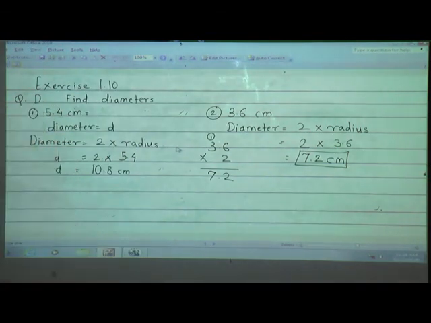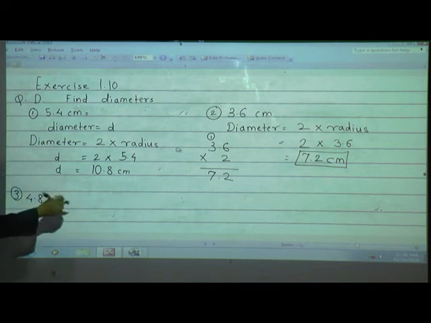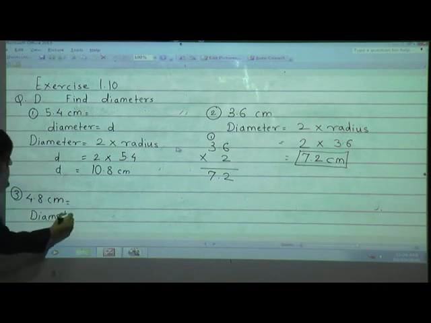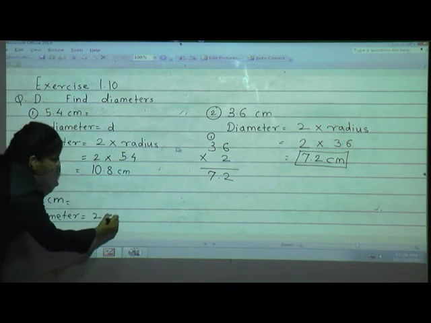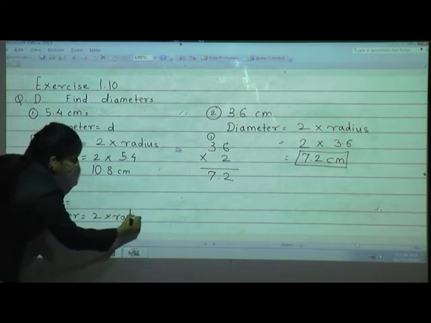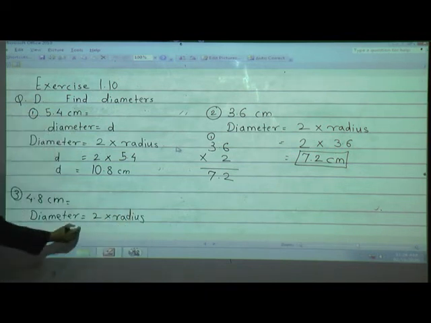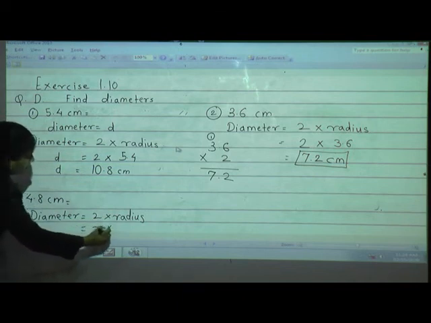Then students, we'll see third one. 4.8 centimeter. Again write the same formula. Diameter is equal to 2 into radius. Now put the number.